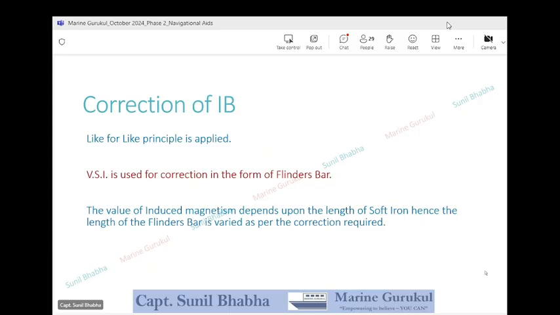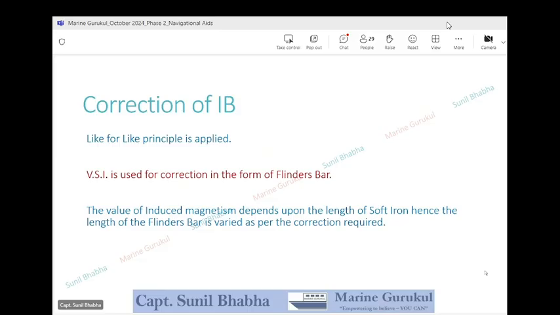So how can the magnitude be controlled or changed? That can be done by changing the length of the soft iron which is used as a corrector. The longer the soft iron, the more induced magnetism it is going to attain.